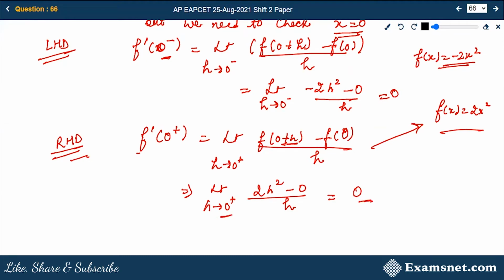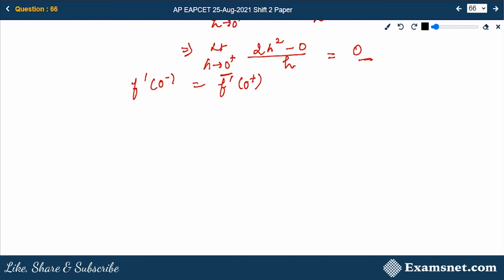So you have 0 minus equal to 0 plus. Therefore, the function is differentiable at x equal to 0 also.